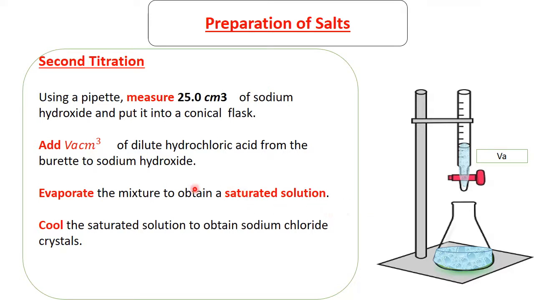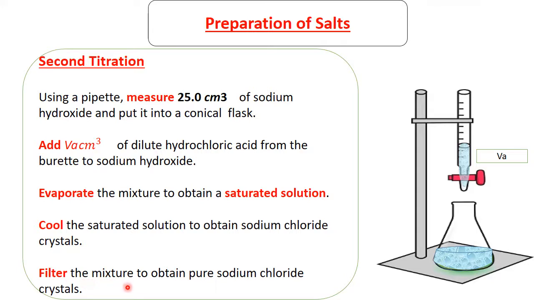This is the process of crystallization. You evaporate the mixture to get a saturated solution. Then you cool the saturated solution to obtain your salt crystals. These steps are very important to get the dissolved salt.